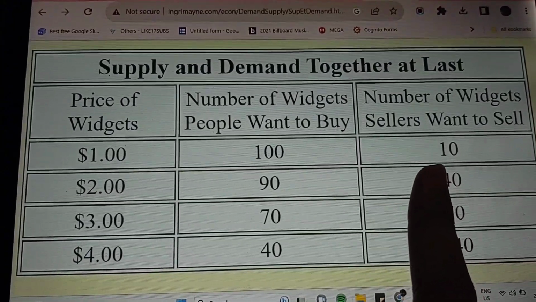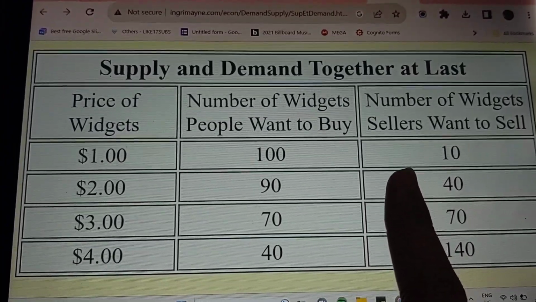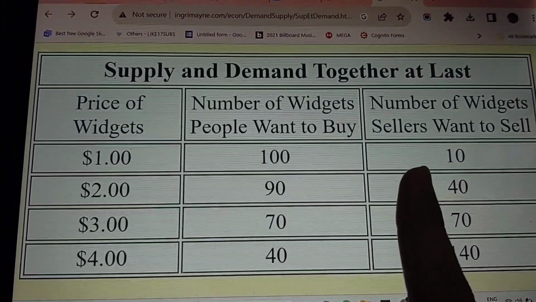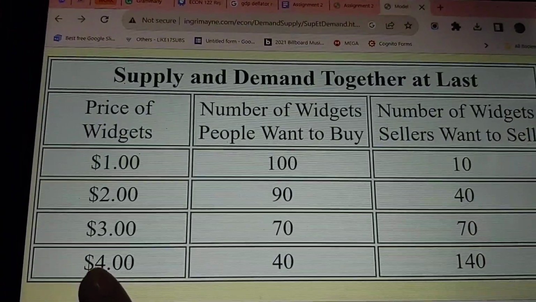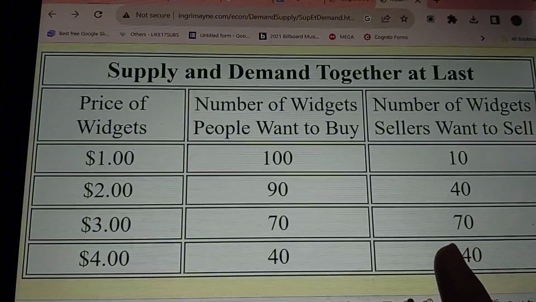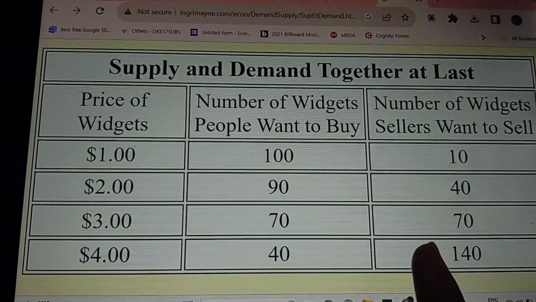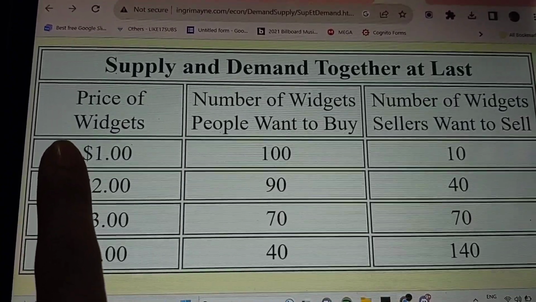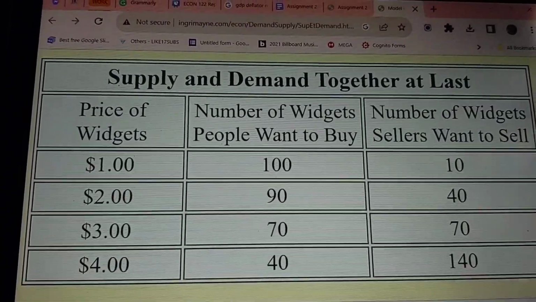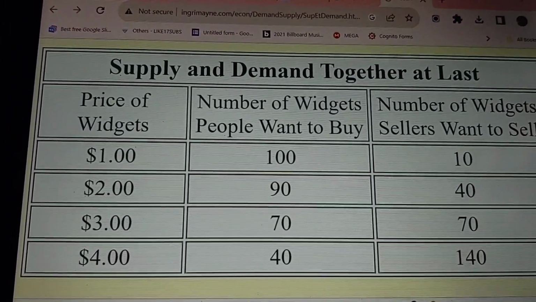For the quantity supplied, if we have $4, then the quantity supplied is higher than the equilibrium. But if we have $1, the quantity supplied is lower than the equilibrium.